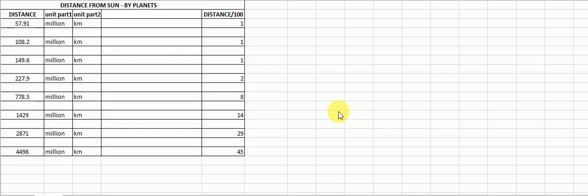So basically, I want you to consider the distances from the sun of each planet, not the synodic distance of adjacent planets, where you compare two planets, for example, Mercury, Venus, and you see how they're related in terms of the Fibonacci sequence.